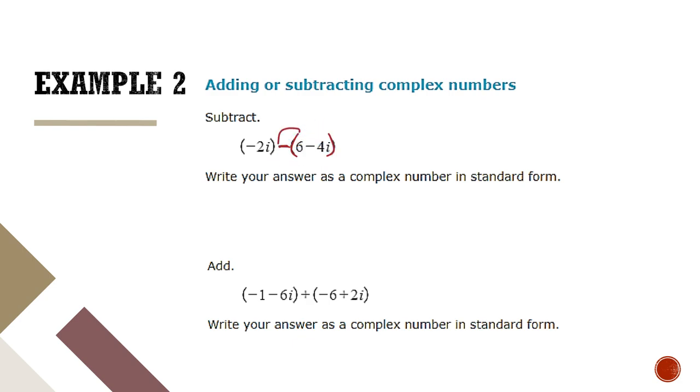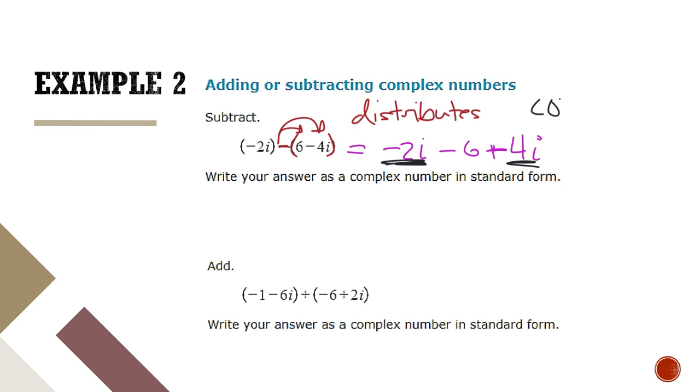So just remember, you have to distribute the negative. What I would like you to do is write it as negative 2i and then minus 6, but then turn it into plus 4i. Because once you do that, it's an addition problem most likely. Or the fact is we can just combine like terms.